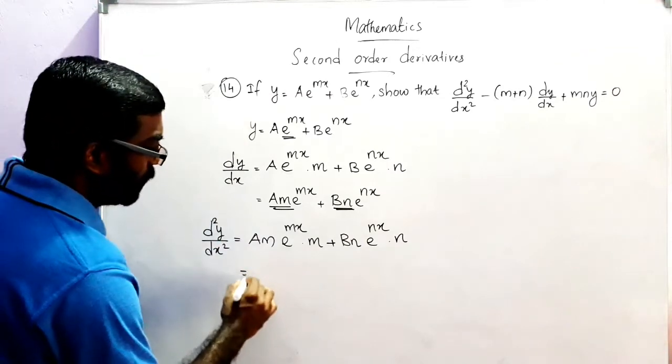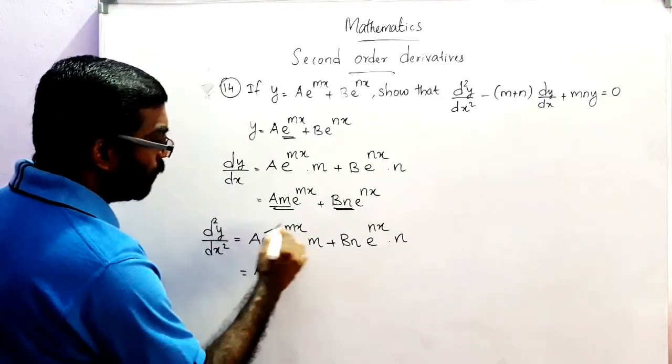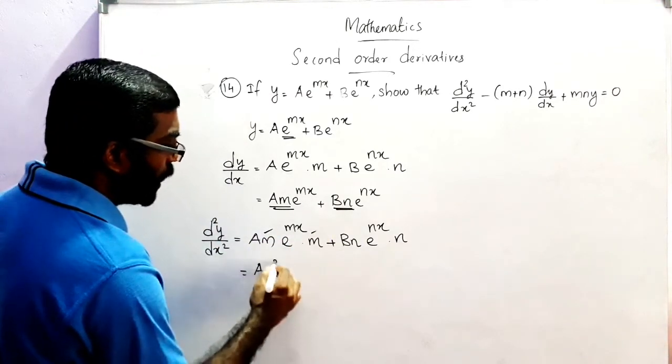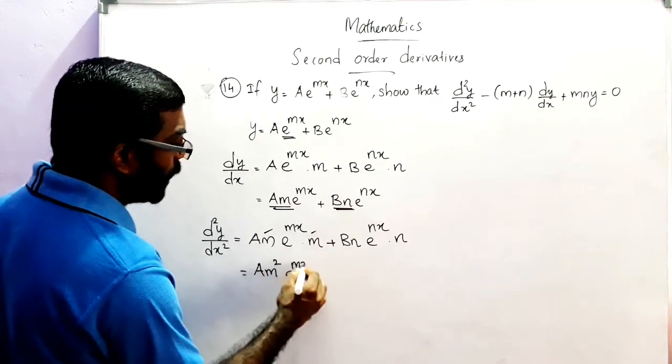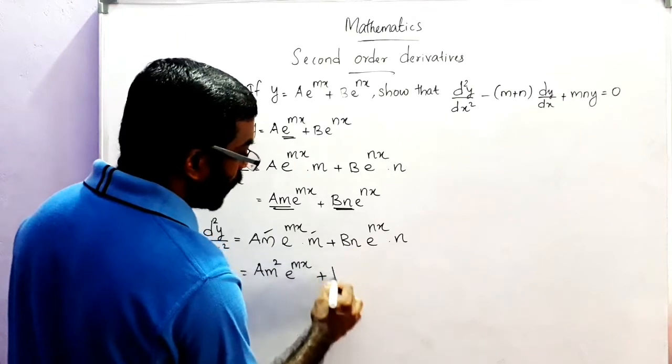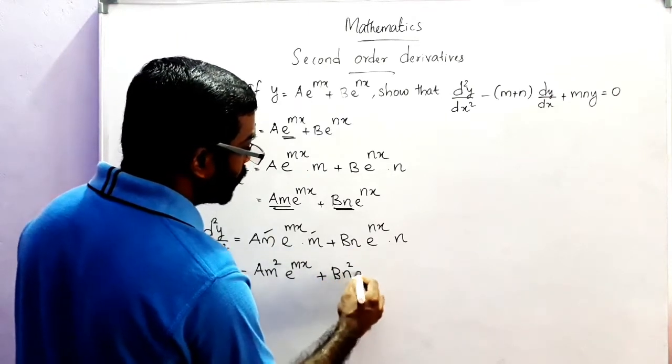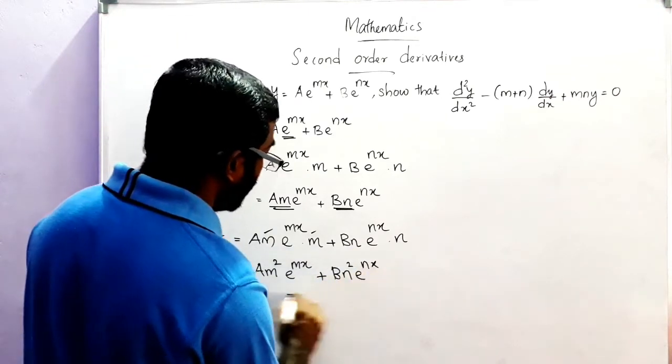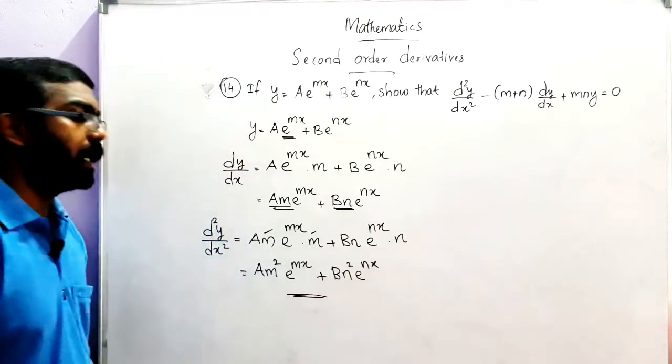That is equal to am square e raised to mx, plus bn square e raised to nx. So this is d square y by dx square.